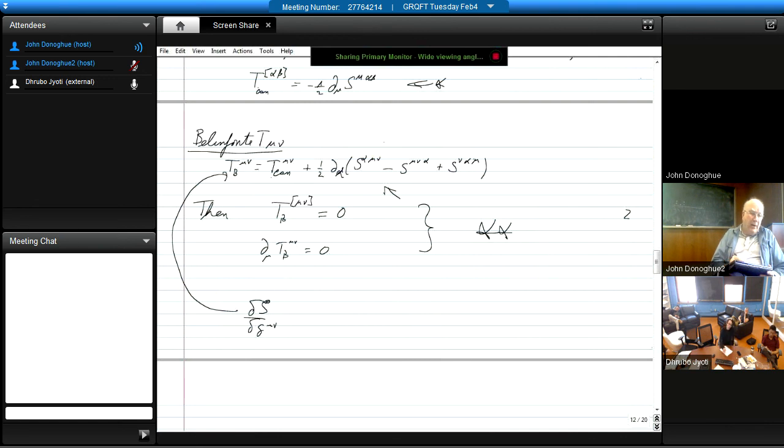So if you're doing general relativity and using this as your definition, you don't have to do anything. If you're doing flat space field theory and you wanted to get a symmetric tensor instead of the canonical one, you would add something which I don't know what it looks like, but.